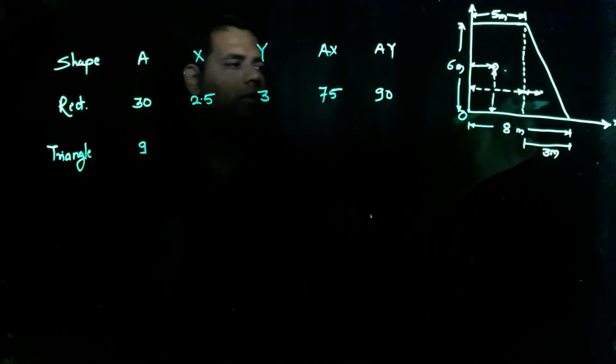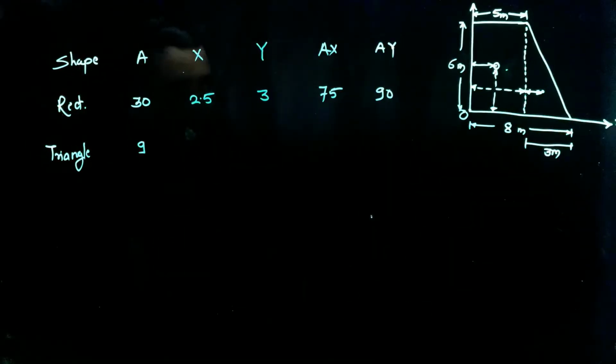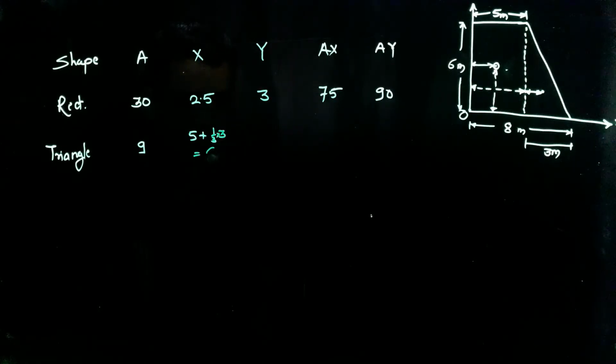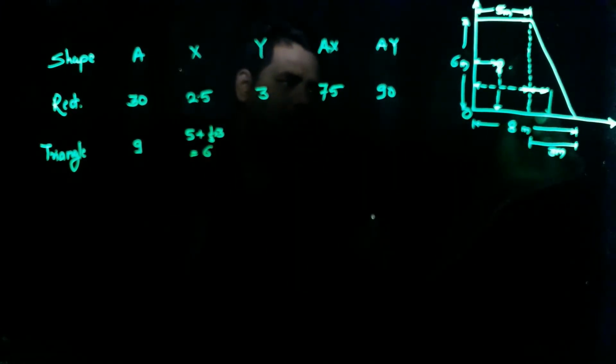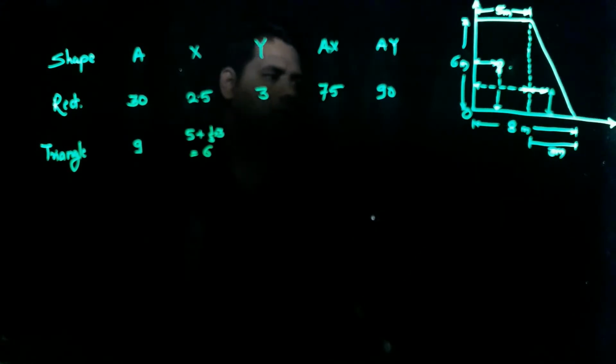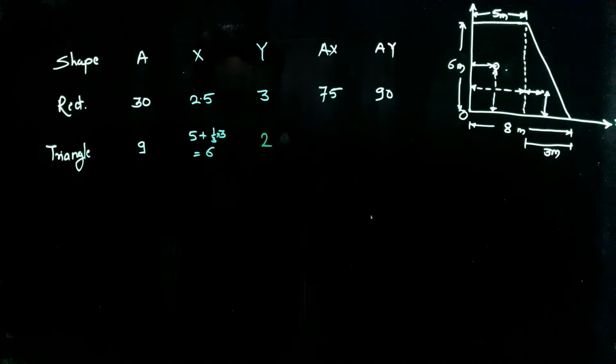Base is 3, so 1/3 of the base is 1. So 5 plus 1, that is 6. What is y? Y is the distance that is 1/3 of the height. Height is 6, so y is 2.